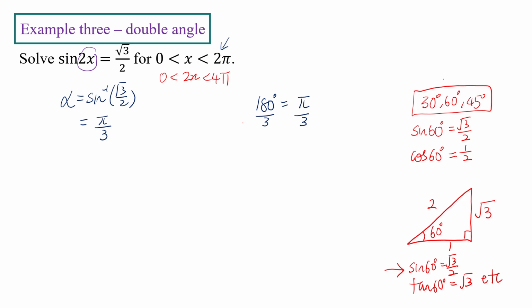The next thing is to look out for the ASTC. For sine to be positive, the answer can come from the first and the second quadrant. So let's work out the first answer, which is just alpha, which is pi over 3. Second quadrant is pi minus pi over 3. And it has to be between 0 and 4 pi.